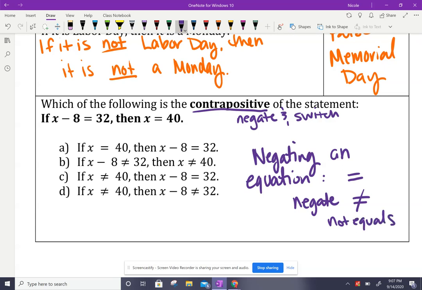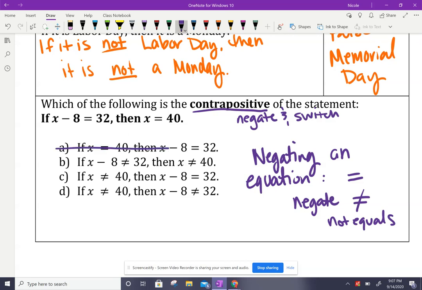So be mindful of that. The equal sign with a slash through it says not equals, and that's the negation of equals. So if I know I'm going to be negating and switching, I know I'm going to negate, so I can eliminate answers that have an equal sign instead of a not equals.